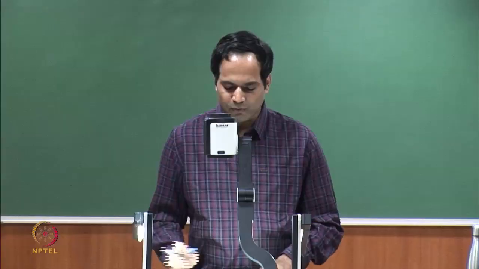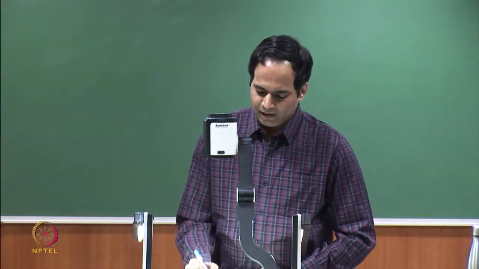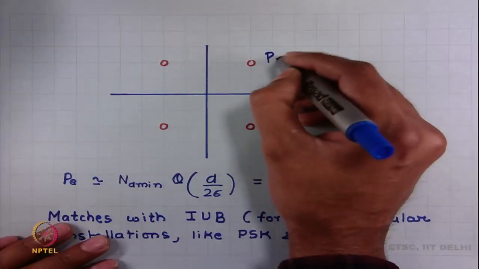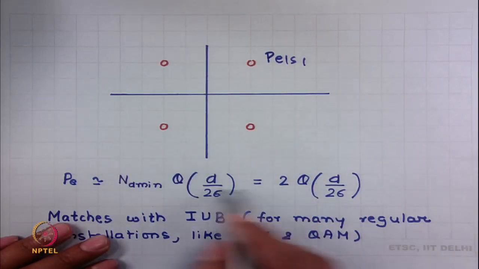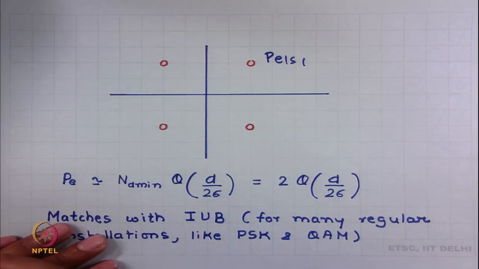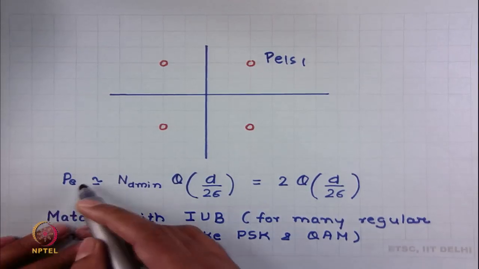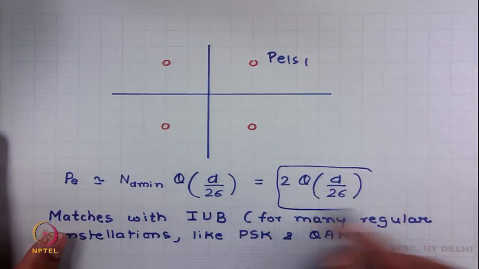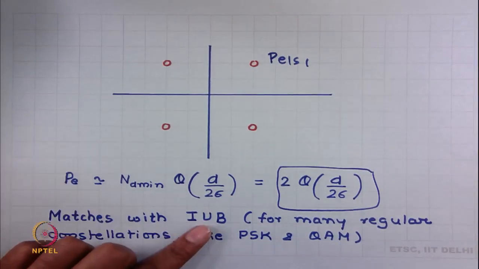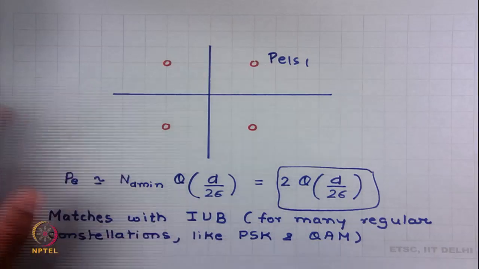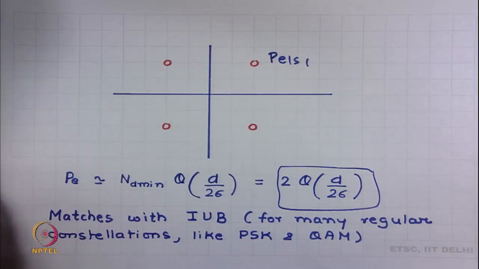So, let us work out this 4-QAM. Let us consider again the probability of error given S1, how many neighbors? 2 neighbors, and what is the d min in this case? It is simply d. Okay. So, probability of error is this. Now, this matches with the intelligent union bound that we have used, and this will be the case for many regular constellations like PSK and QAM. Okay.